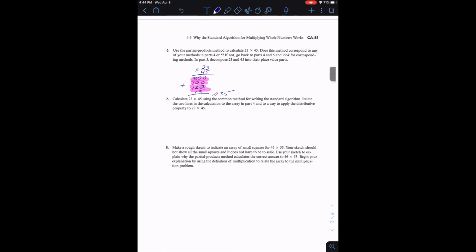All right, I've deactivated those notifications, so let's come back to the standard algorithm. So 23 times 45. The standard algorithm tells us that we need to multiply by 5. So 3 times 5 is 15, and it says carry the 1 or put the 1 above. And 2 times 5, and we remember that that 2 is not actually 2, but in the standard algorithm we say 2 times 5 is 10 plus the 1 is 11.